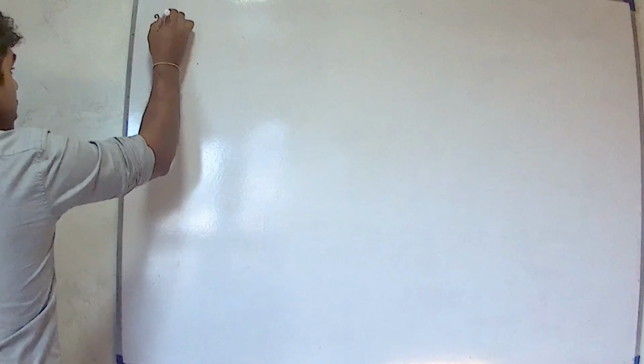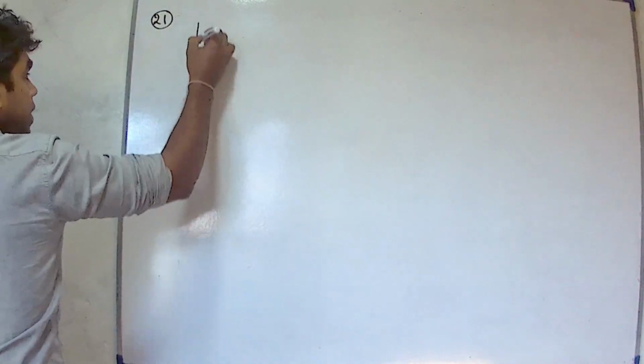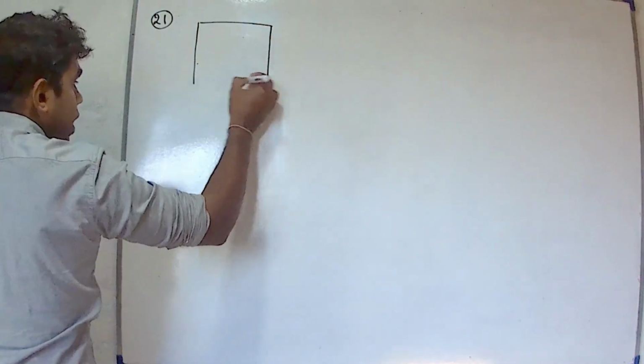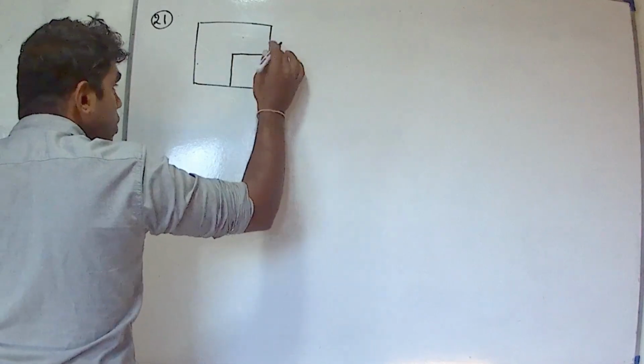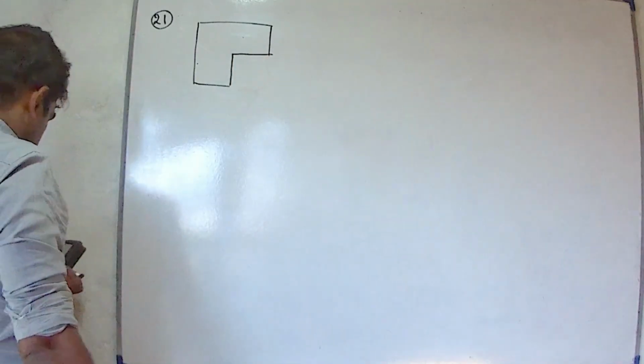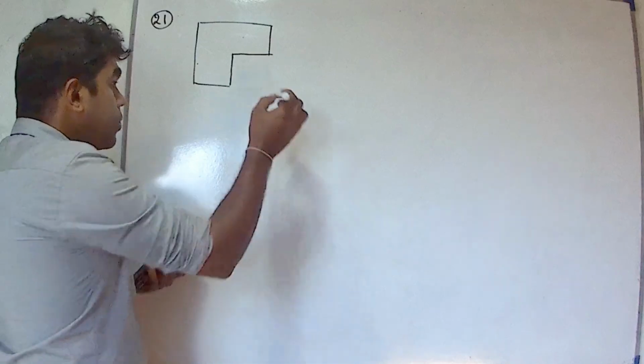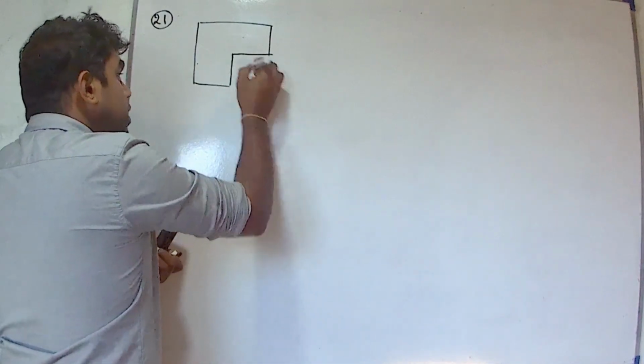There is a plane object, a square shaped object, but this part has been removed. Then we can consider points A, B, C.